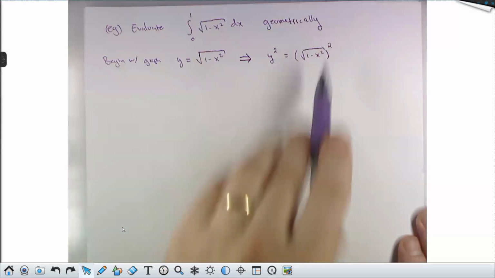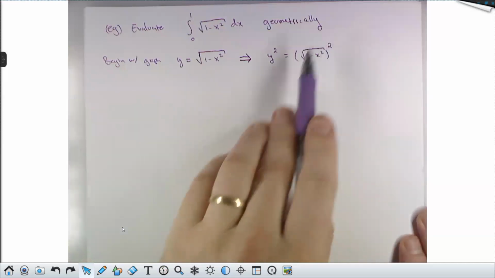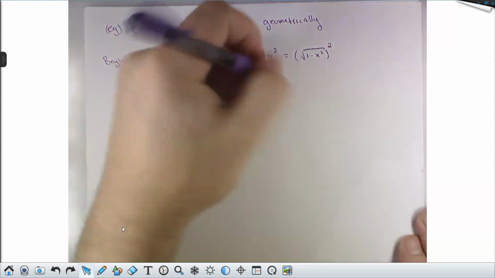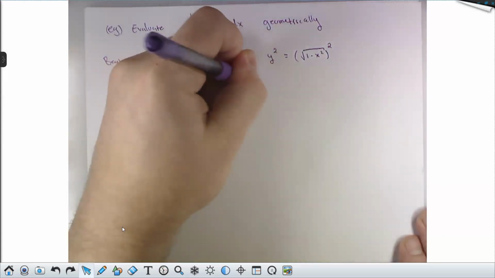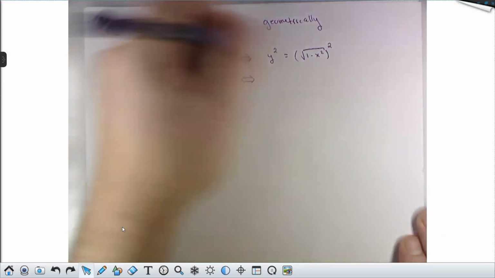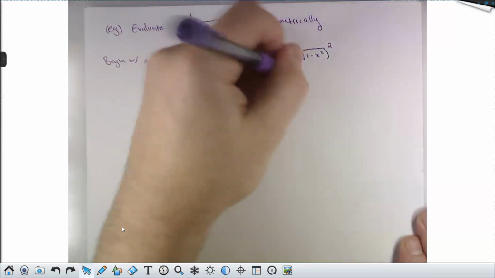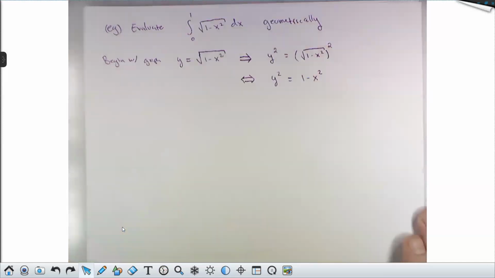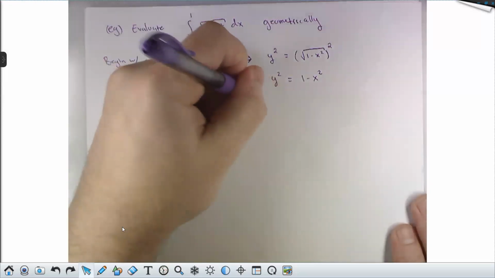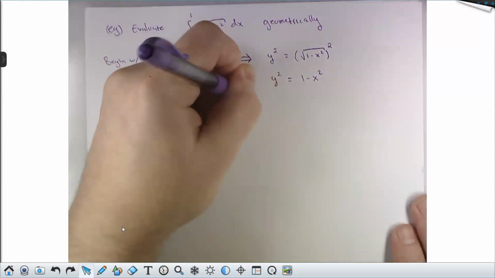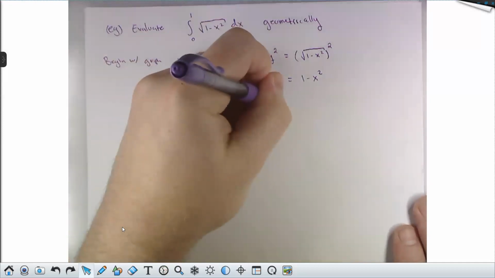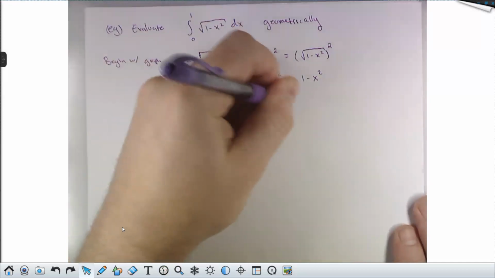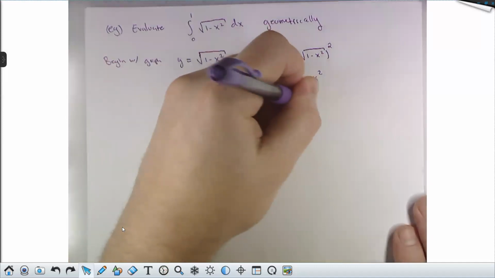On the right-hand side here, this square and this square root cancel. So we get y squared equals 1 minus x squared. And then if you add x squared to both sides, you get x squared plus y squared equals 1.